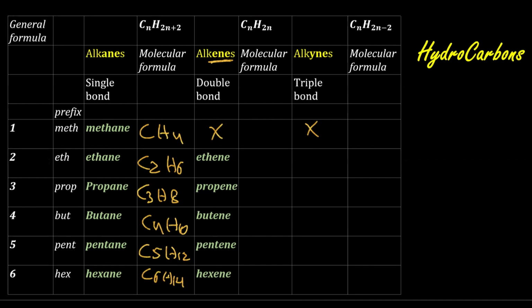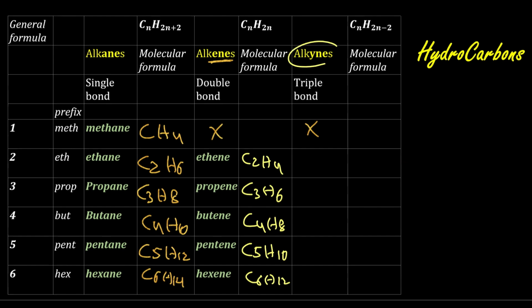Placing n as 2 gives C2, and H is 2 times n, which is H4. For n as 3, it is H6. Placing n as 4, I get H8. Placing n as 5, H10. And placing n as 6, H is 12.